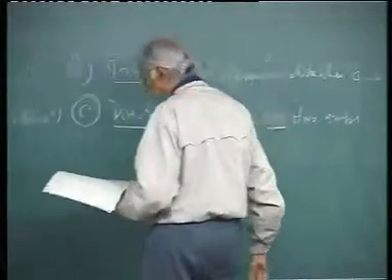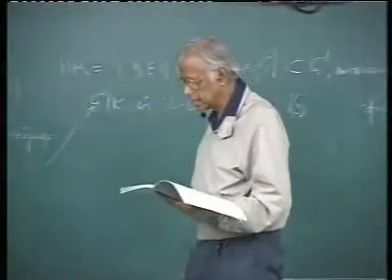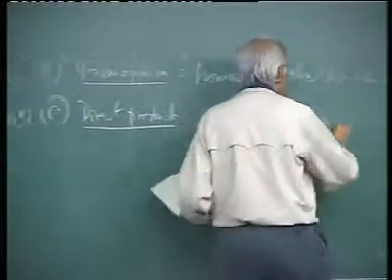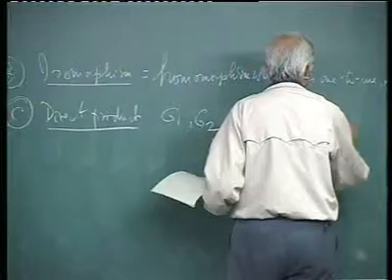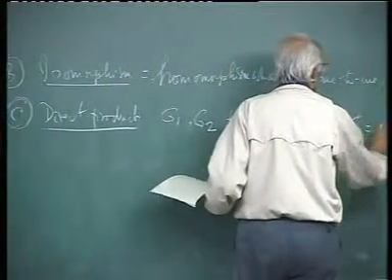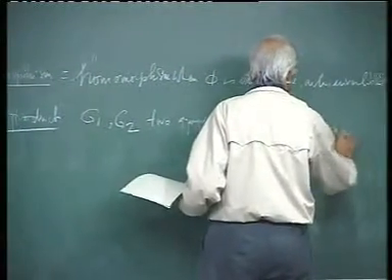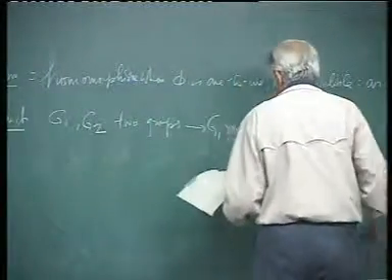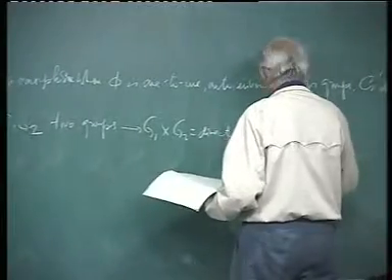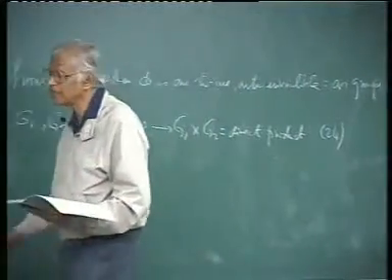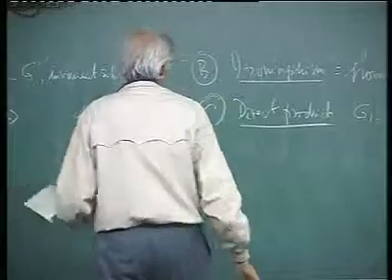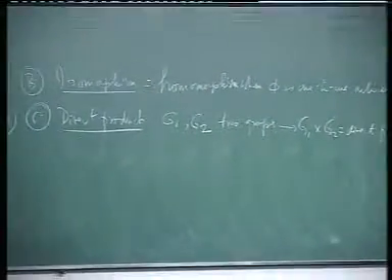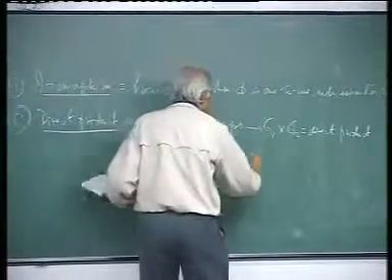Suppose two groups G1 and G2 are given. Then we define a new group which is called the direct product. Now this is such an elementary construction that I will essentially leave it in the form of words. What are the elements of the product G1 cross G2? They are ordered pairs.